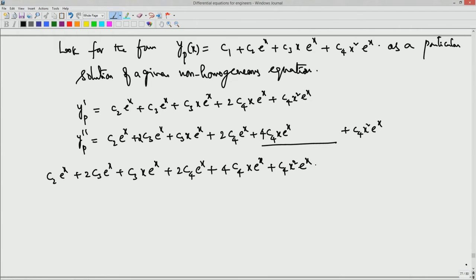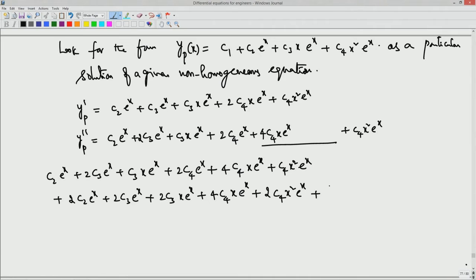This is your yp double dash, plus 2 times yp dash: 2 C2 e power x, 2 C3 e power x, 2 C3 x e power x, plus 4 C4 x e power x, and 2 C4 x square e power x, plus y.